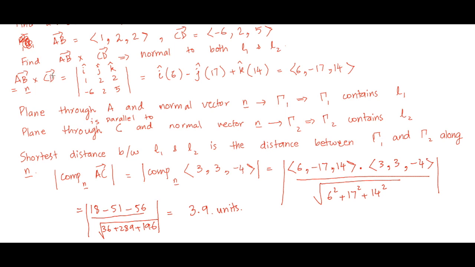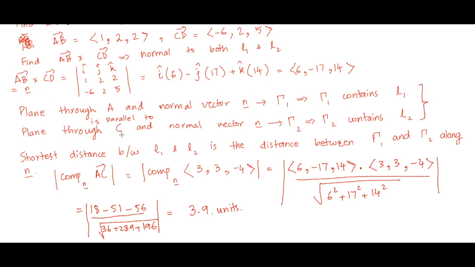First we find the normal vector using vectors on those lines, then a plane through a point on one line, and the same normal vector should give the parallel plane through a point on the second line. This is important.